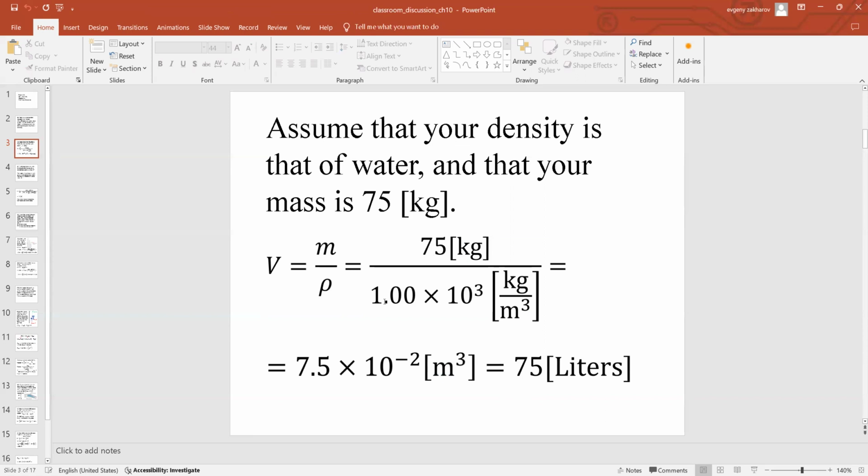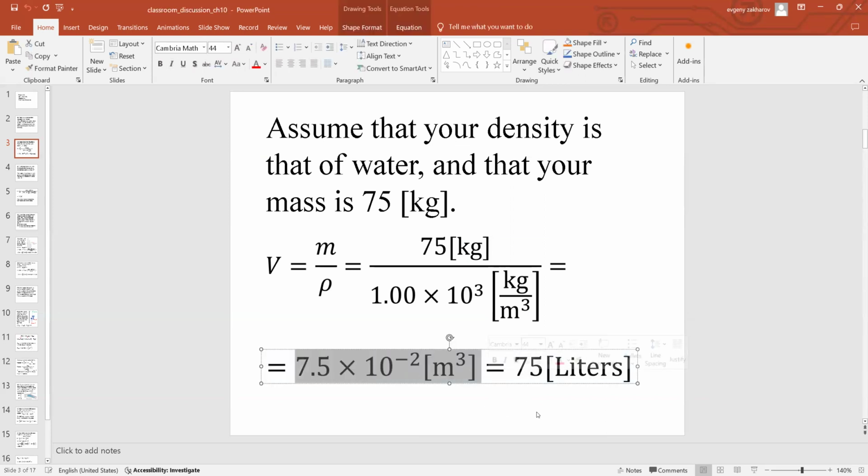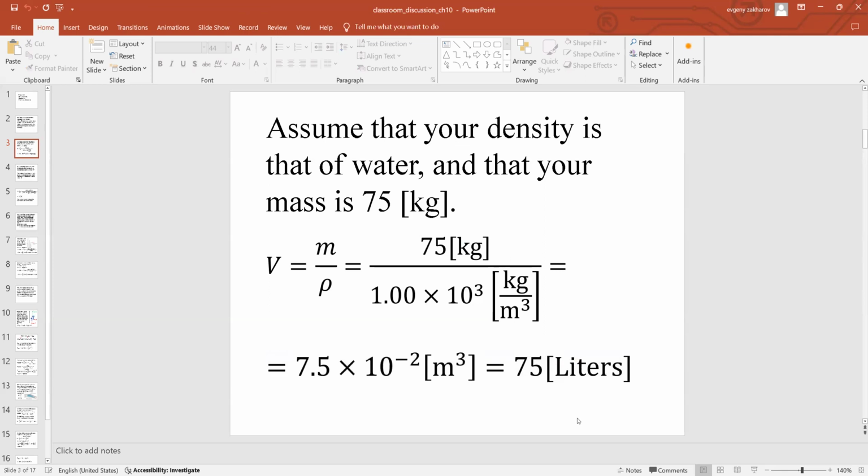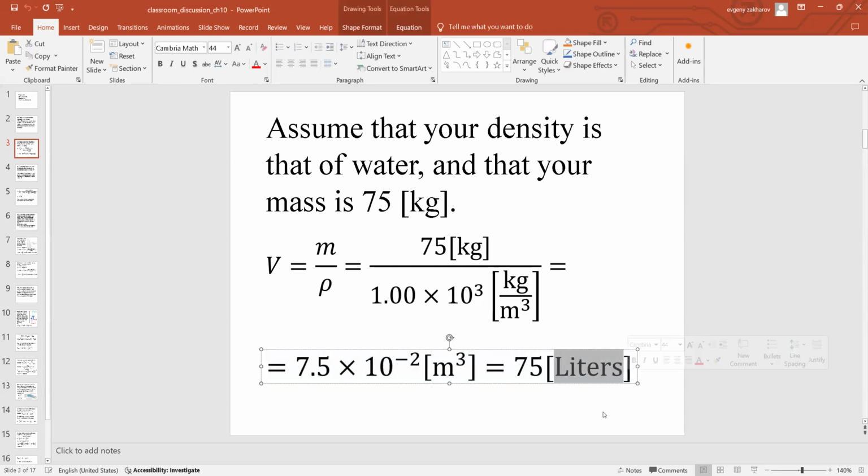So 75 divided by 1,000, you have 7.5 times 10 to the negative 2. So that's the actual volume. And I also wanted to give you connection to another parameter, which is not System International, but it is widely used in liquids, and every time you buy a bottle of something kind of fluid, you will probably see the unit of liters, milliliters, or liters themselves.